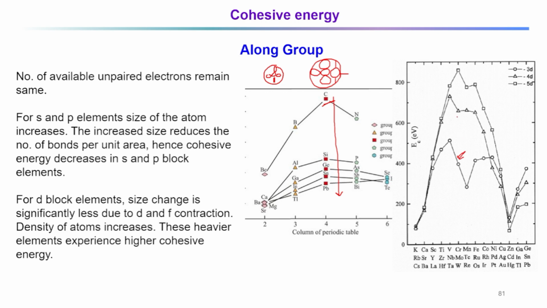If we go down, this one will be for 4D elements, and this one is for 5D elements. So this one is chromium, then molybdenum, and then tungsten. Along the group we are going down, but as the atoms become heavier due to D and F contraction, the cohesive energy is increasing. So you have to remember that cohesive energy for S and P block and D block along a group runs in the opposite direction. Okay.